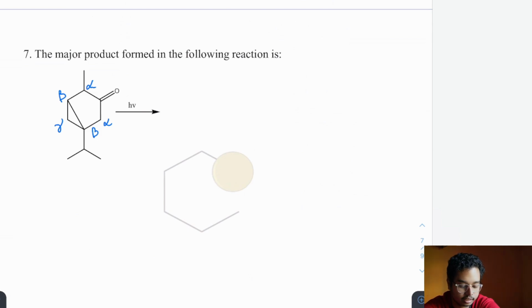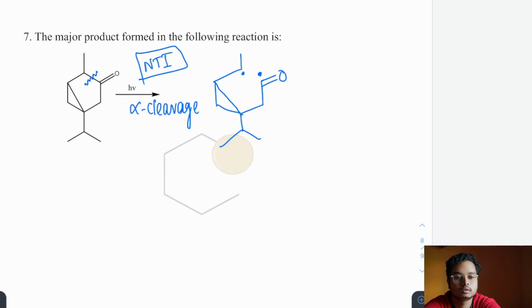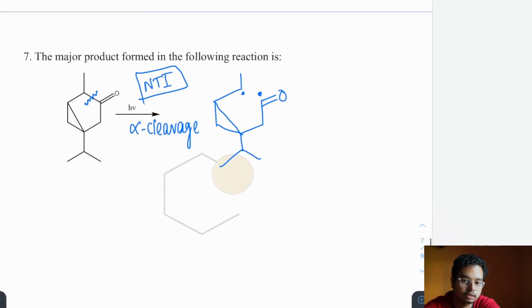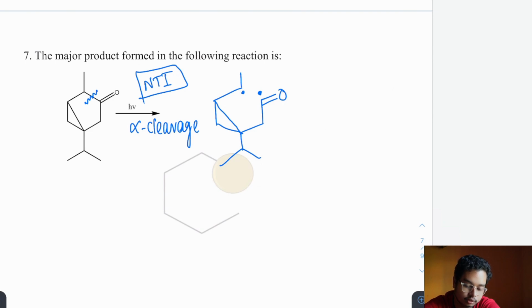If we go alpha cleavage here, this is a Norrish type 1 reaction. The resulting radical is stable because it is a secondary radical. So we just draw this. This will be the final product after alpha cleavage.